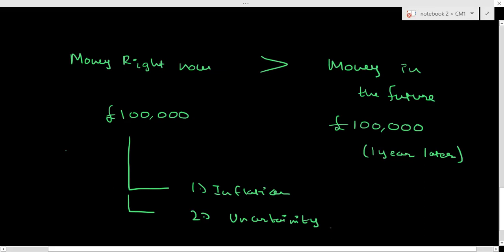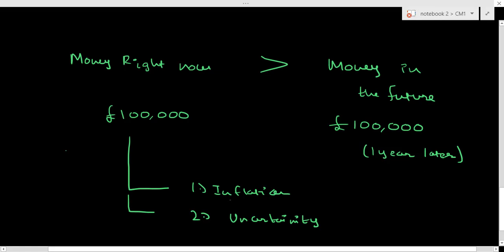That has happened before. Lehman Brothers was an investment bank which went bankrupt during the subprime debt crisis in the US. These things have a very low probability. They don't happen every day, but they just might happen. So there is some uncertainty around this payment.